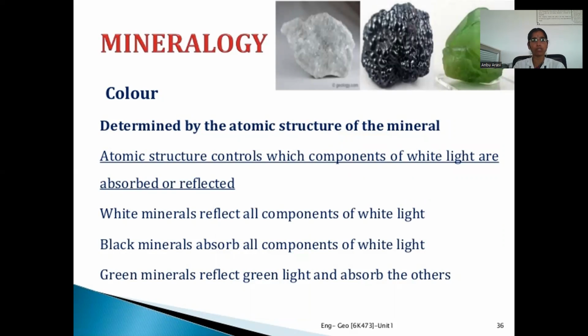Atomic structure controls which components of white light are absorbed or reflected. White minerals reflect all components of white light. Black minerals absorb all components of white light. Green minerals reflect green light and absorb the others.